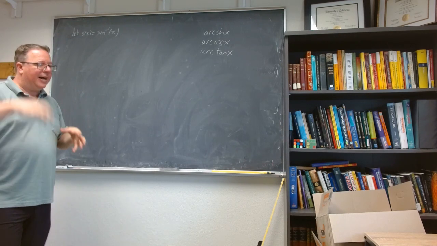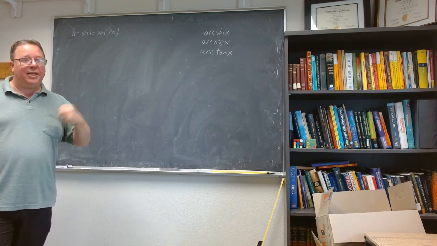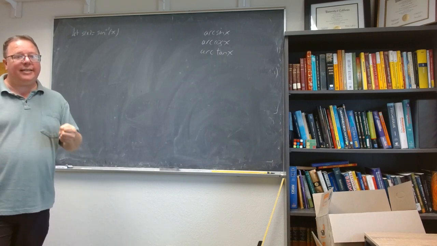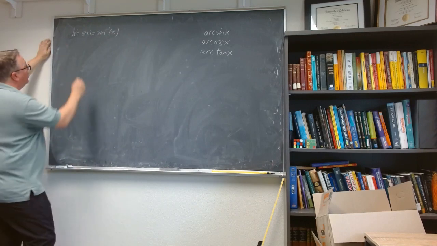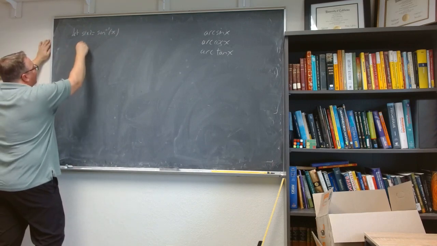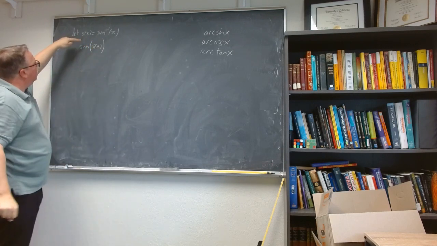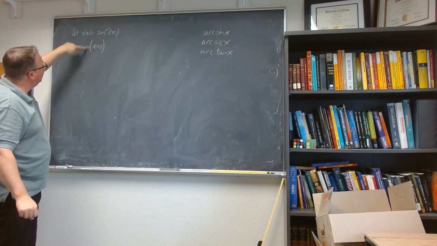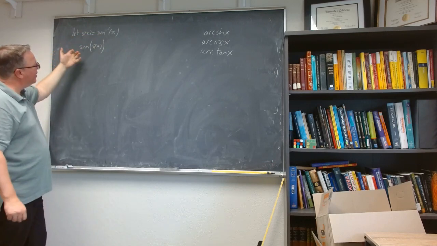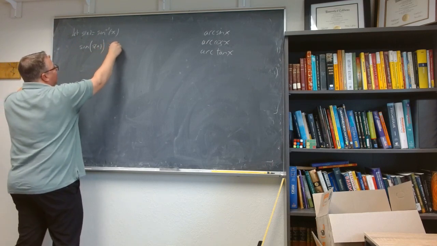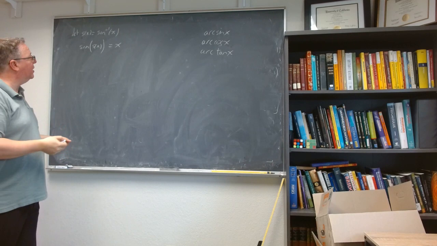We want to hide the math meaning of it behind a symbol, and then we're going to manipulate that symbol to get something useful for the derivative. So this means that if I take s of x and I plug it into sine, because they're inverse functions, they cancel out. And we just get x back. That's really the definition of what it means to be an inverse function.